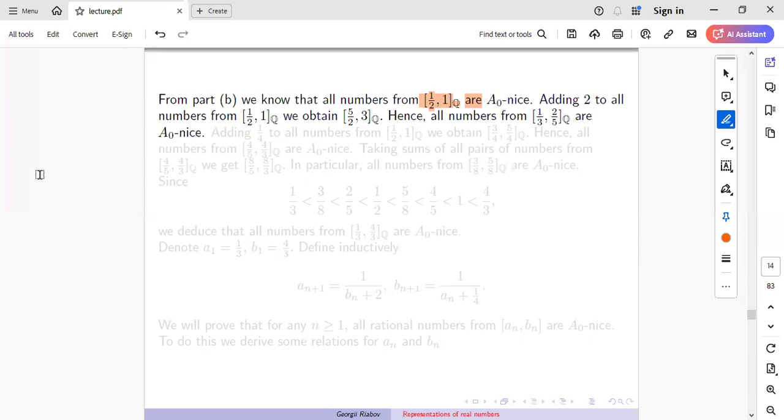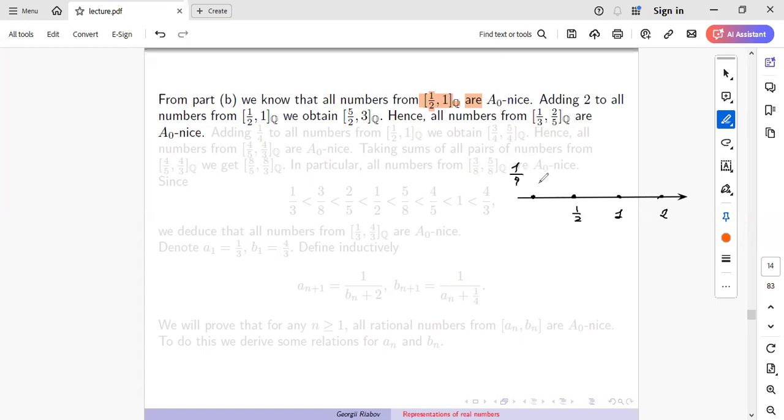Okay, let's draw it schematically. Let this be the real line. What nice numbers do we have from 1/2 to 1? Let this be 1/2, and this be 1. This is 2. This is 1/4.